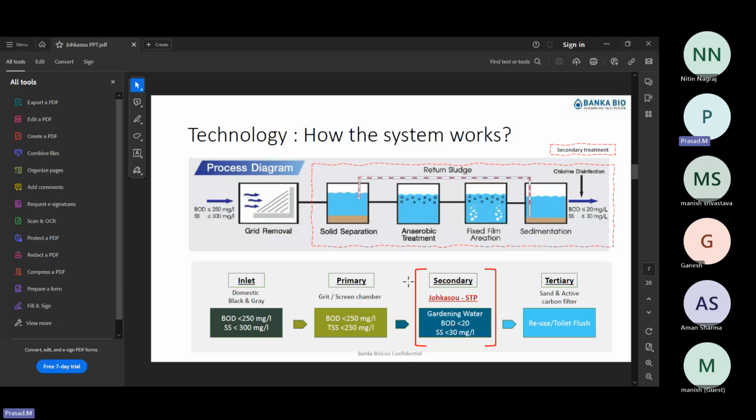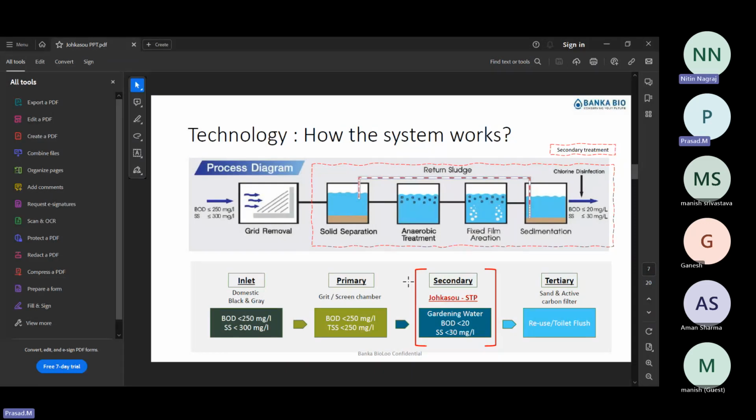From the collection tank we install a submersible or self-priming pump, and then it goes to the Johkasou system. Are you clear or not?